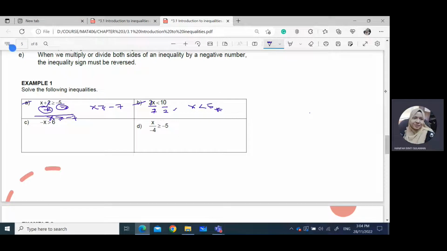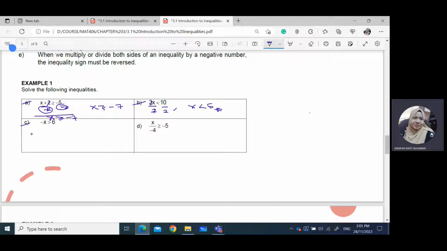So next, we have negative x greater than 6. So for this case, we need to multiply for negative 1 for both sides. So ini kita kena darabkan dengan negatif 1 untuk kita dapatkan x. Jadi kita perlu darabkan dengan negatif 1 untuk kedua-dua side.